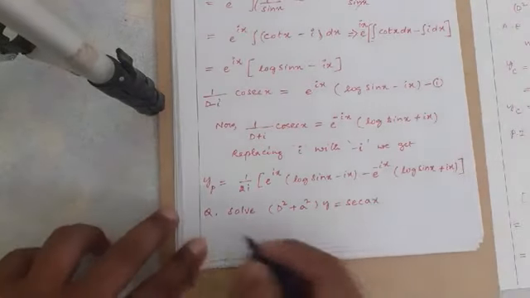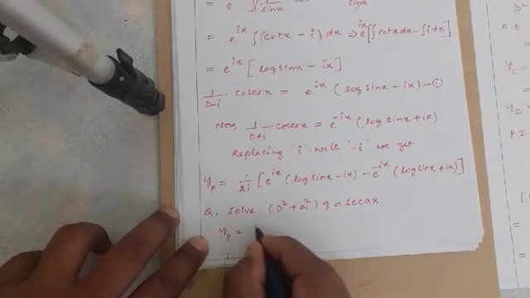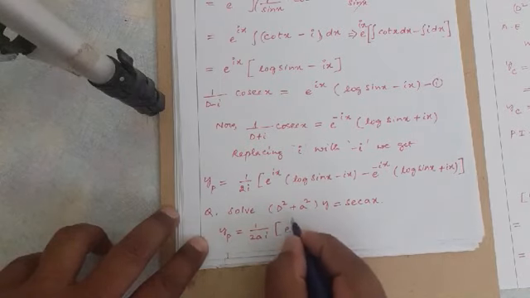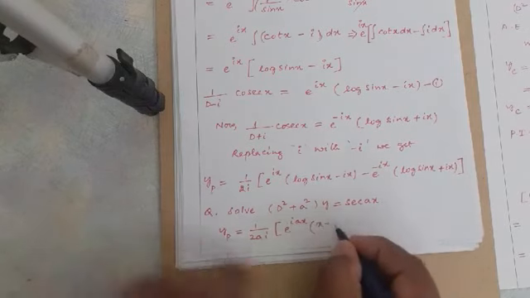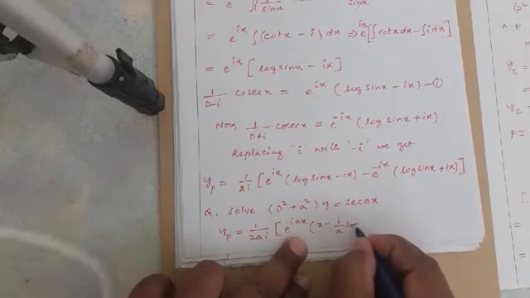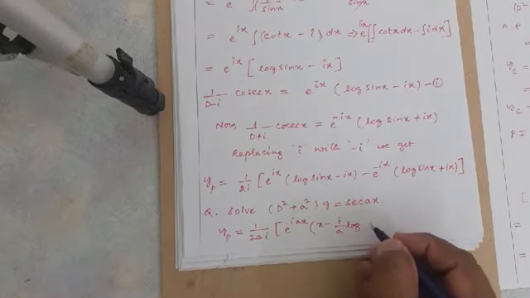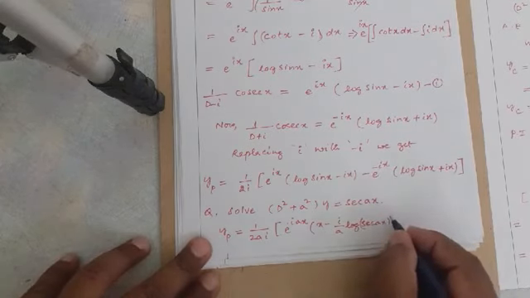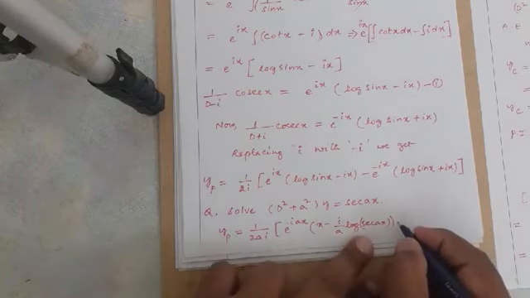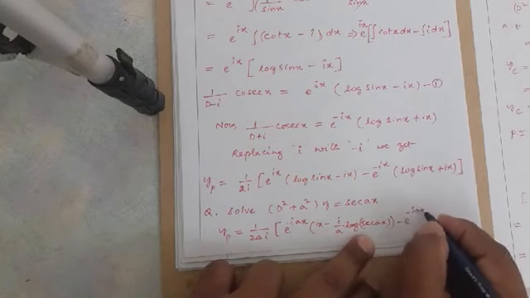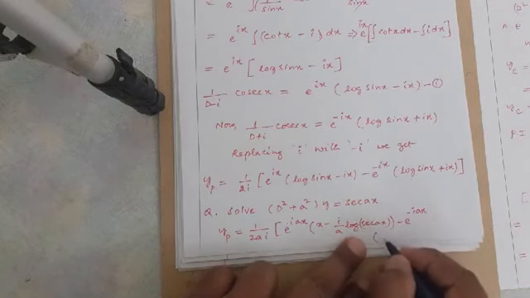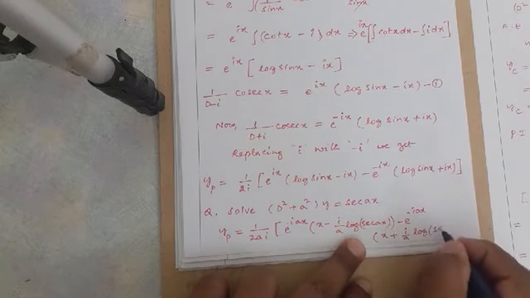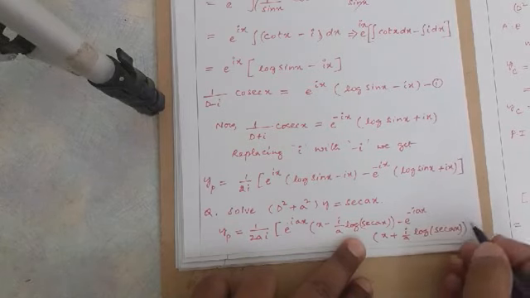I'll write the answer. The answer you get is yp is equal to 1 upon 2ai in bracket e power iax into x minus I by a log secant ax, bracket close, then minus e power minus iax, and in bracket you get x plus I by a log in bracket secant ax, bracket close.